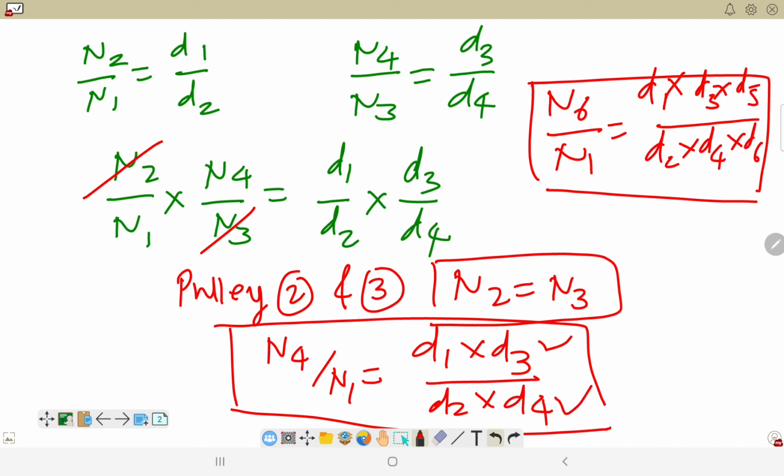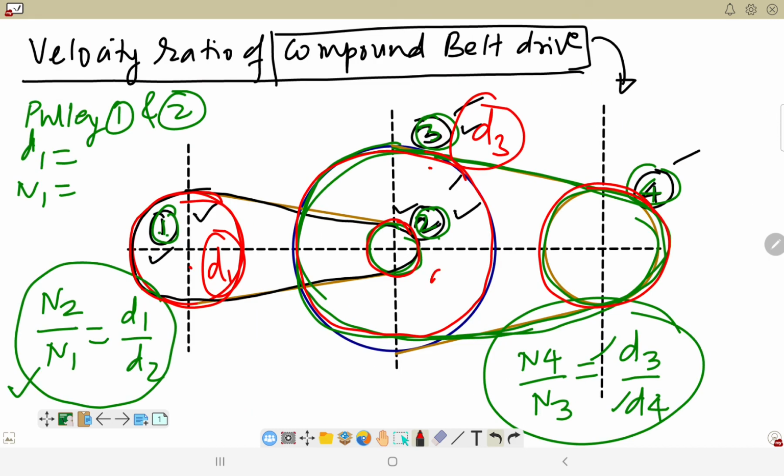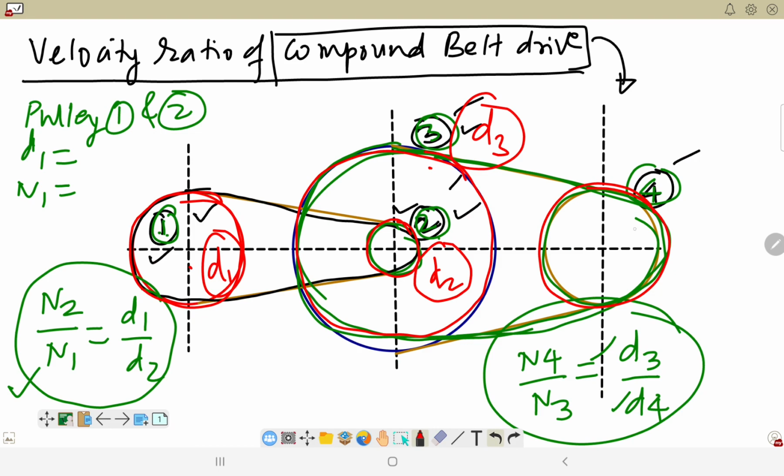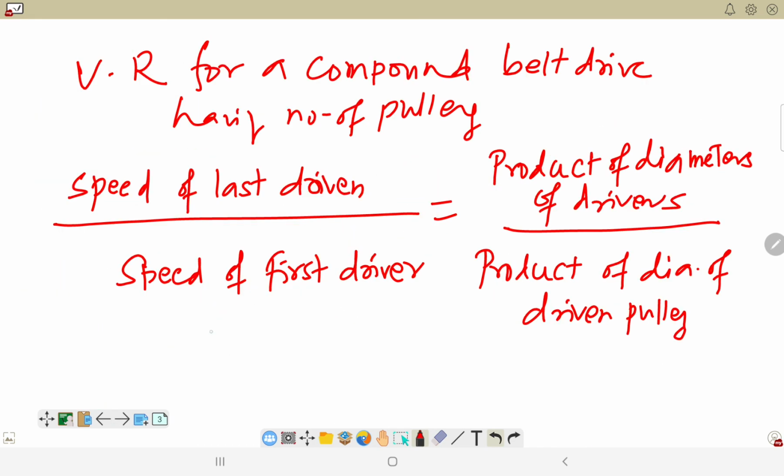D2 is the diameter of the driven pulley, pulley number 2, and D4 is the diameter of driven pulley number 4. In this way, the product of diameters of driver pulleys divided by the product of diameters of driven pulleys gives the speed ratio or velocity ratio for a compound belt drive having any number of pulleys. Thank you very much.